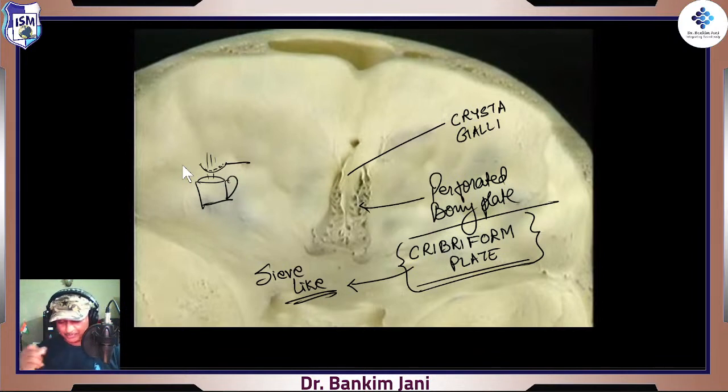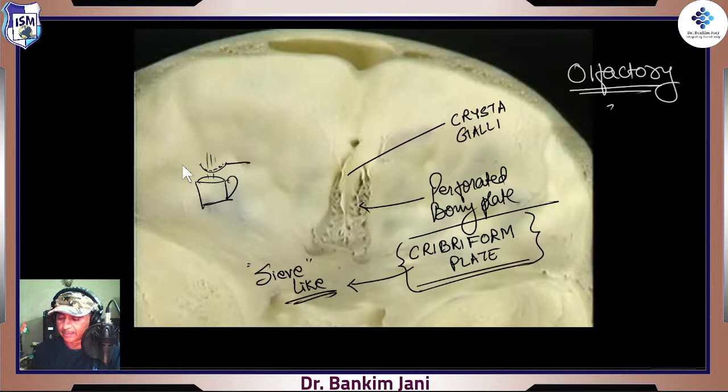Cribri means something which has got holes. That means it is like a sieve. Sieve means chalni. So this is the cribriform plate, and this is from where the first cranial nerve, olfactory, cranial 1, those fibers will be passing. So that's for this.